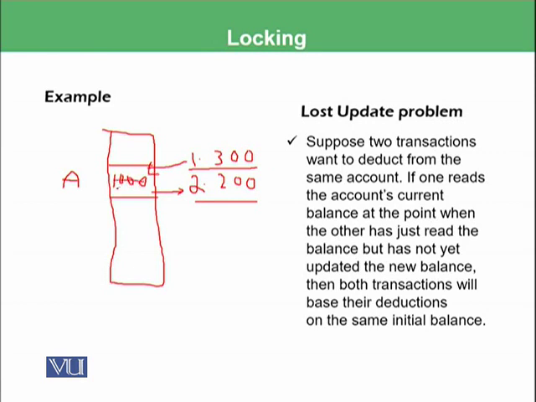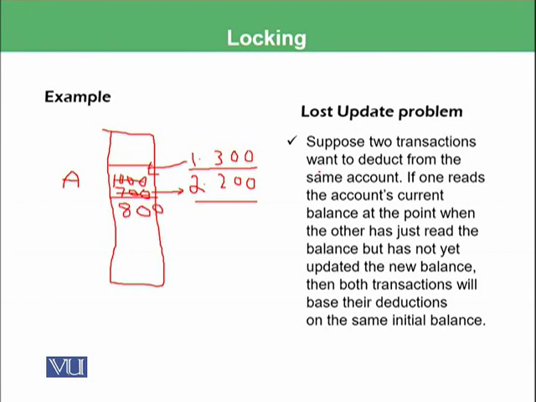However, instruction 2 has read 1000, and that 1000 will be subtracted by 200, saved at the same location, and it will now become 800.